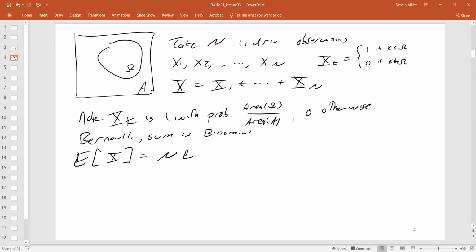That's just n times the expected value of xk, which is just n times the area of omega over the area of A. Which is good, right?